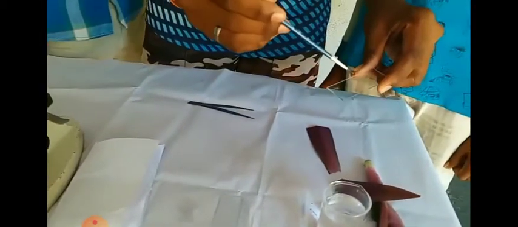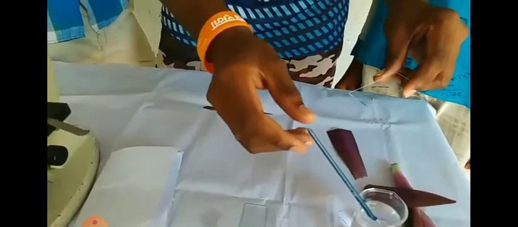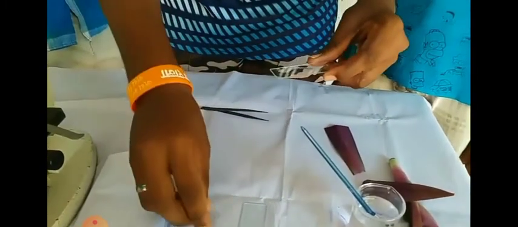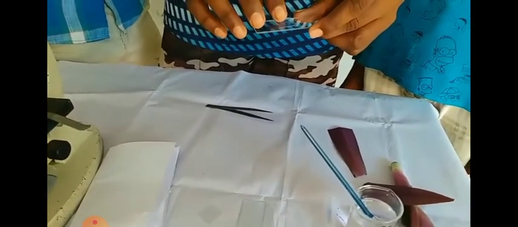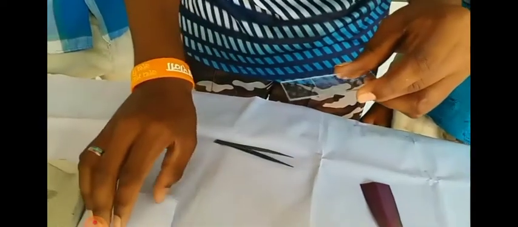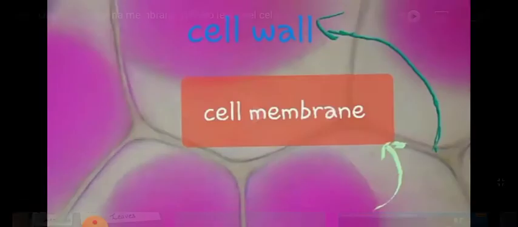Afterwards put a cover slip on it, and whatever extra water is there, clean it with the help of paper, and keep it under your microscope, adjust it properly. So this is your observation. You can observe here the cell membrane, cell wall. Okay, so this is the observation.